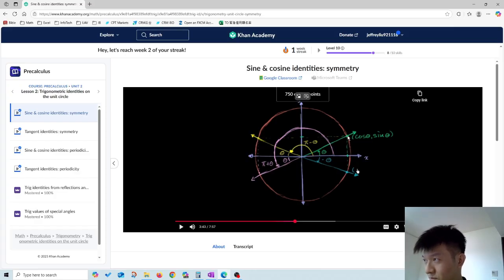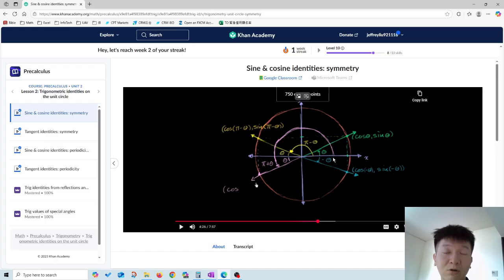So right away, cosine is positive and sine is positive as well. Alright, but when you go over here, you have a negative theta because counterclockwise is positive in terms of theta.